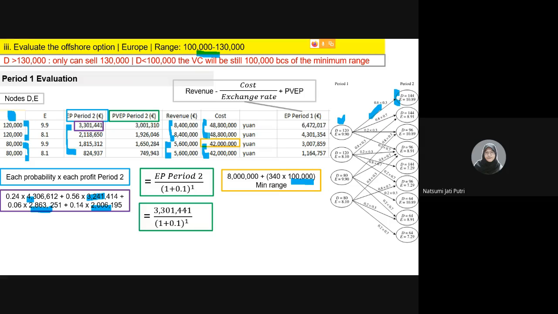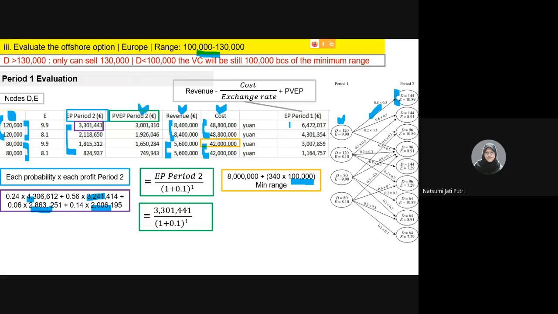For this one, it is just normal: fixed cost plus 340 times the demand here. Okay, and it is in yuan. Then for the profit, or the expected profit in period 1, we need to convert it to euro. Also the same: revenue minus cost divided by exchange rate, plus the PVEP.